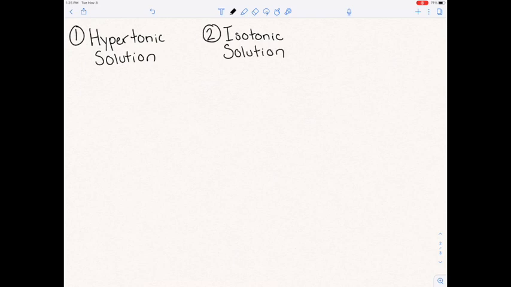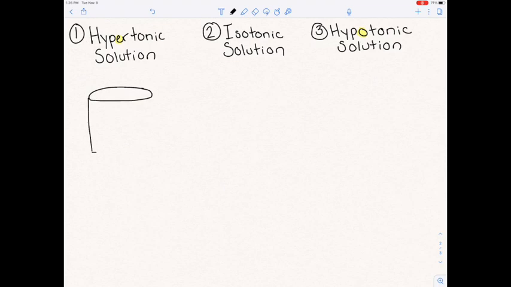Or we can put the cell in what is called a hypotonic solution. Keep in mind that number 1 and number 3 are 1 letter off from each other. So in number 1, I have hypertonic with an E, and then in number 3, I have hypotonic with an O. That distinction is going to be very important, and it will give us a great method of how we can remember these 2 vocab words.